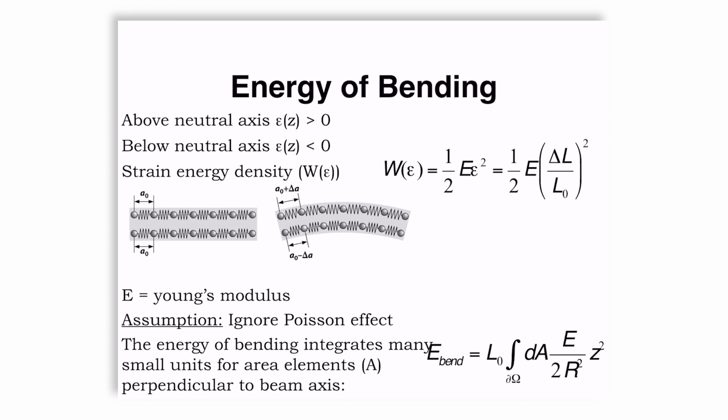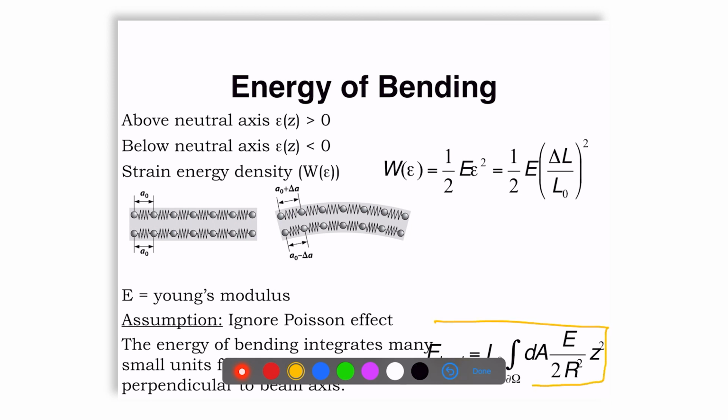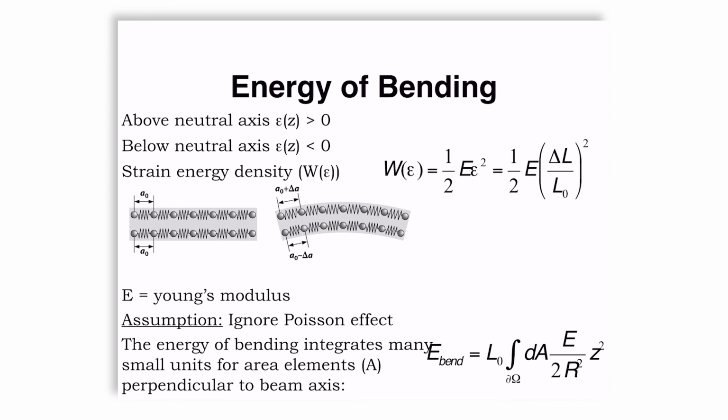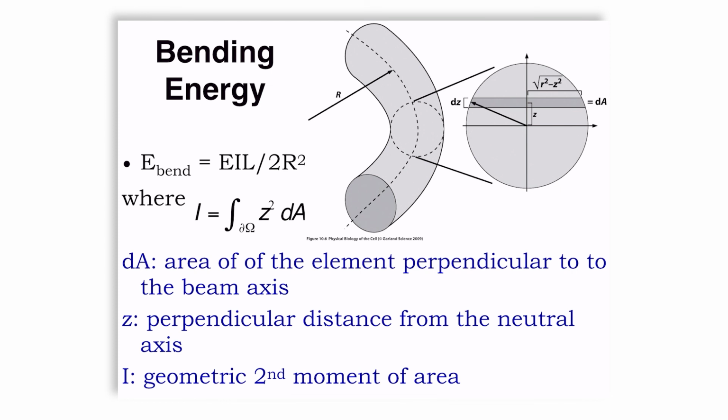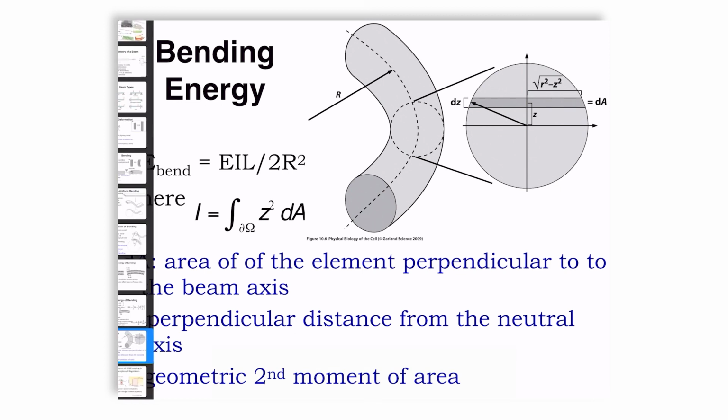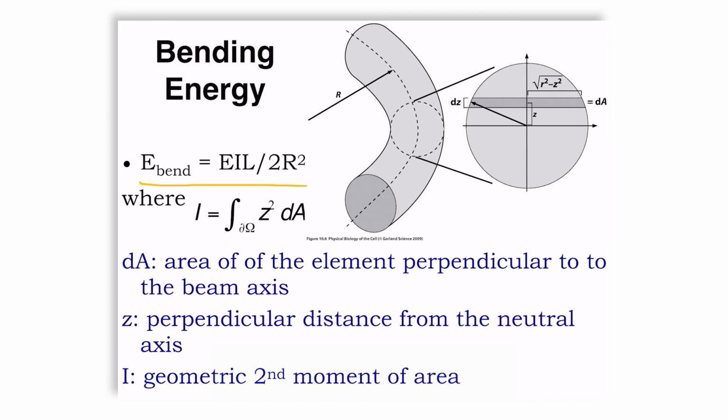And so since epsilon z is the strain change with z, we need to integrate the strain in order to get at an expression for bending energy, which is this expression here, which is telling us that the energy of bending is L naught times the integral over A of E by 2R square Z square, and all of this simplifies to an expression that is a result of the integration, and you can find a full worked solution in Landau and Lifshitz's textbook on mechanics, the classic physics textbook.